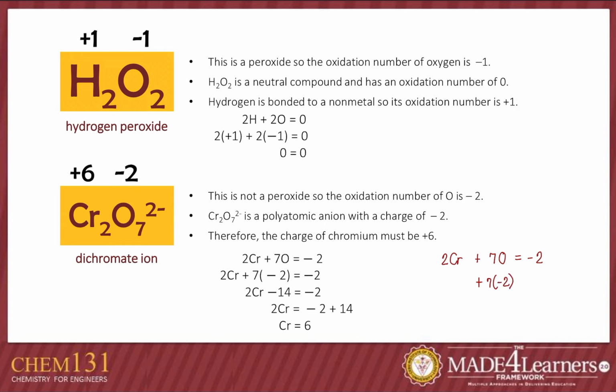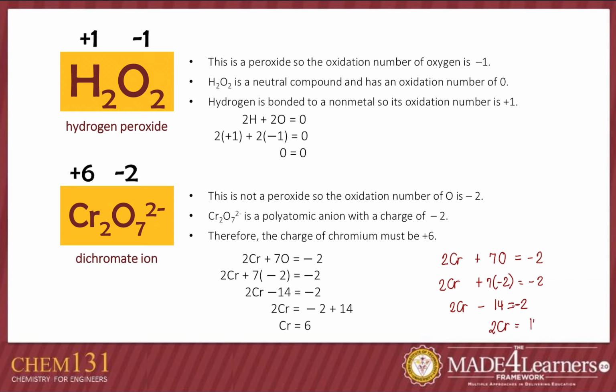So, chromium is one of those metals wherein there are multiple oxidation numbers. So, we have to solve here kung pila gyud siya. So, duha ka chromium minus 14 equals negative 2. So, duha ka chromium equals, pila man na siya?